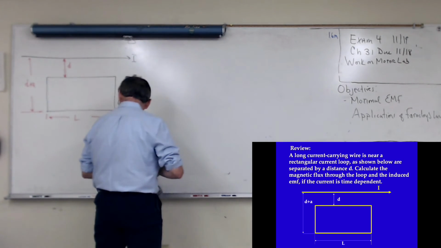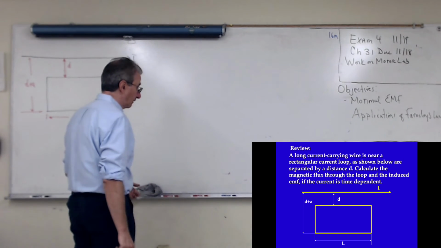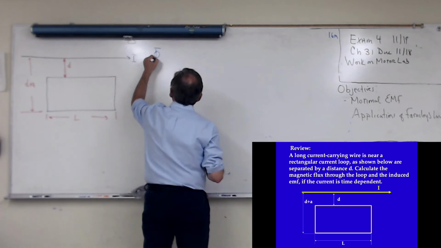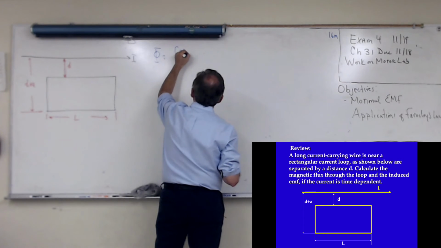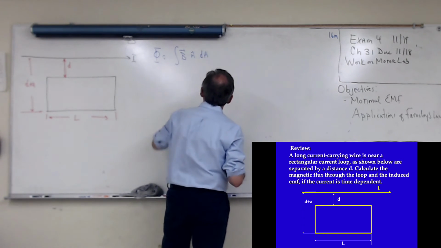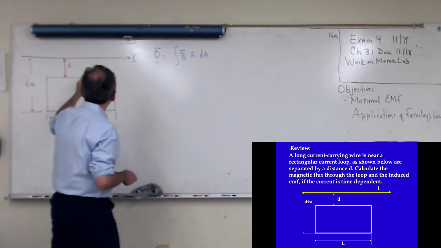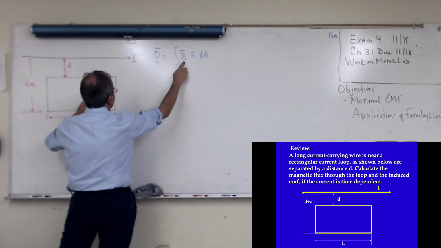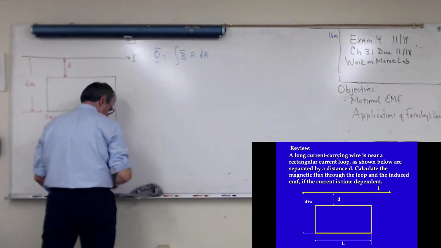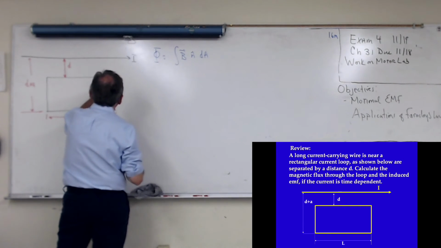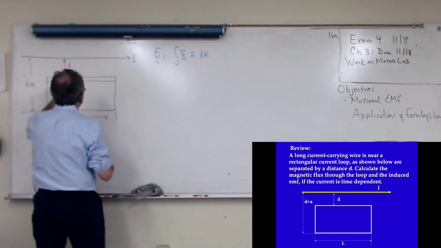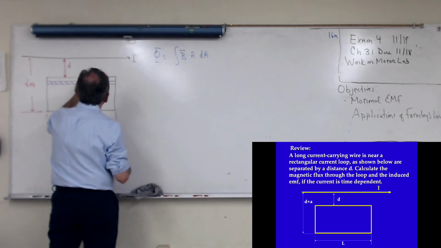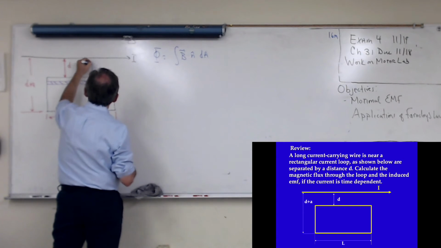Okay, so what is phi, first of all? What is B in this case? Well, here's an issue: B varies along here. It has the same value along any horizontal strip a distance y away.